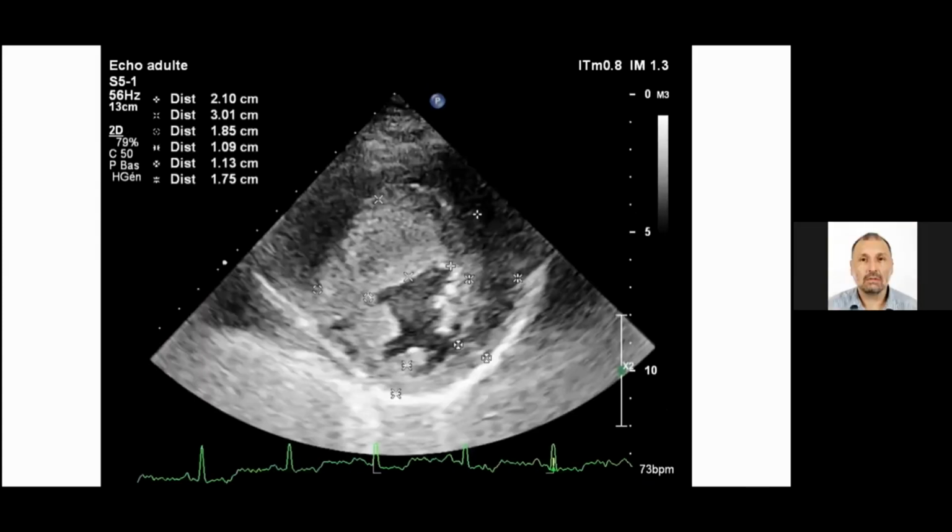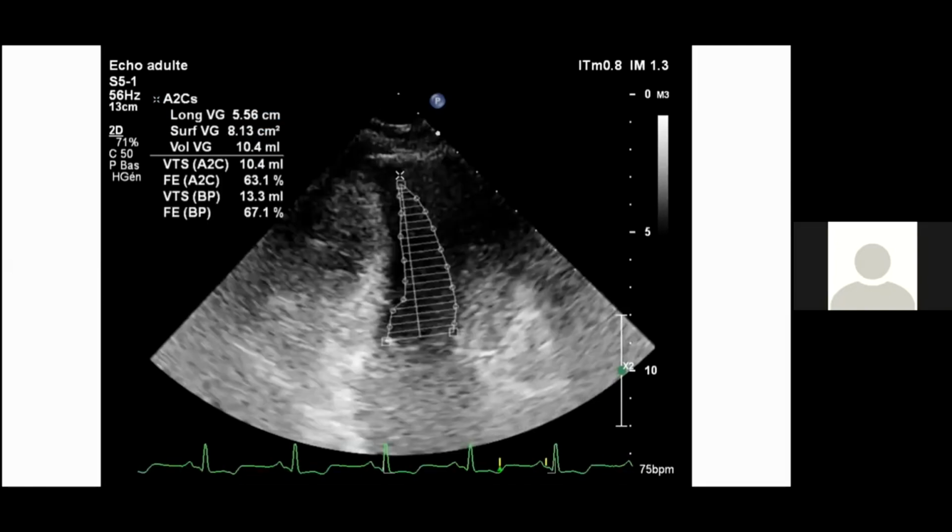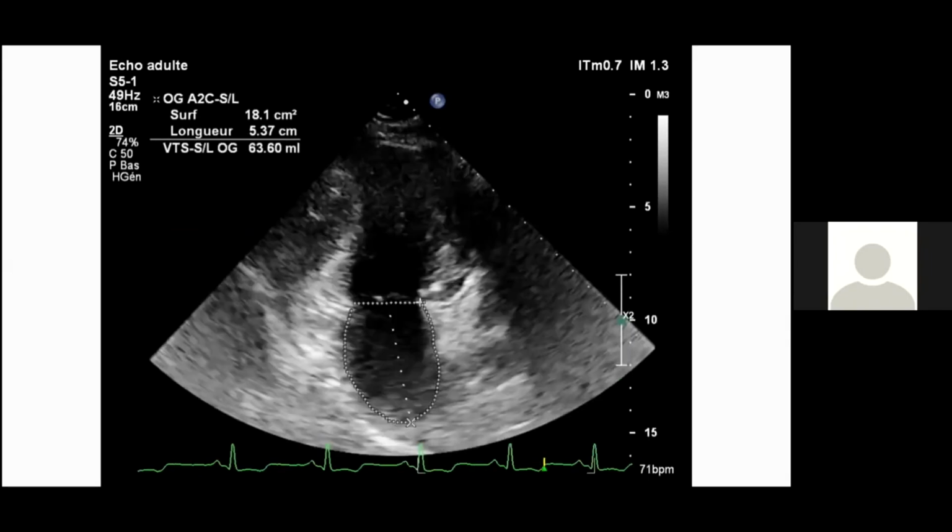This is a parasternal short axis view. We measured the left ventricular wall thickness in different segments. The left ventricular hypertrophy is predominant on the interventricular septum and the anterior wall, with a maximal left ventricular wall thickness of 30 millimeters. The left ventricular ejection fraction was normal, 67%.